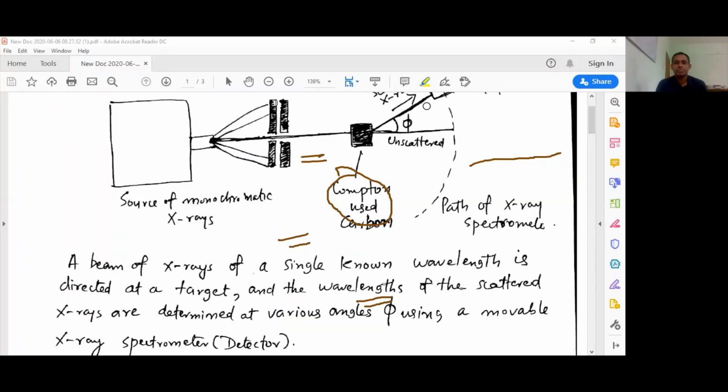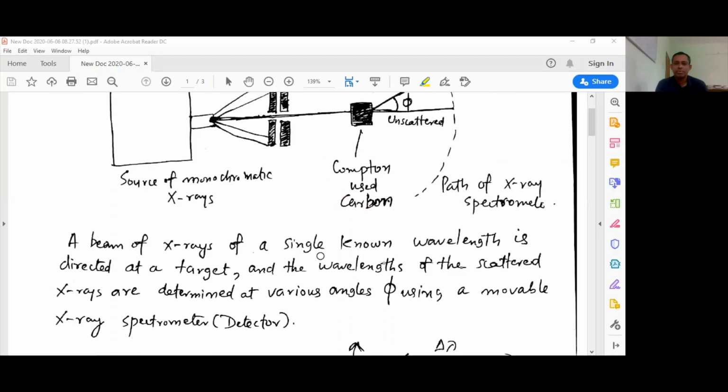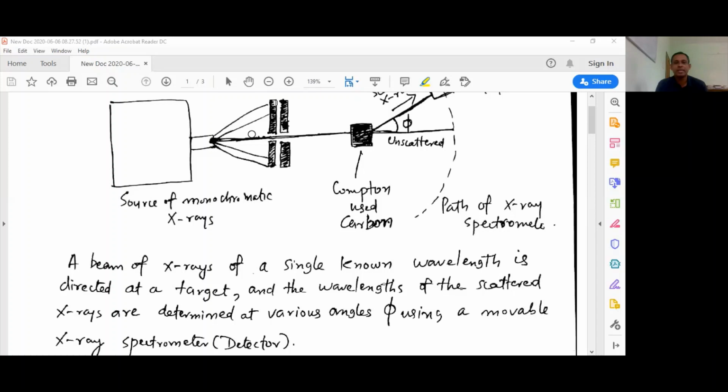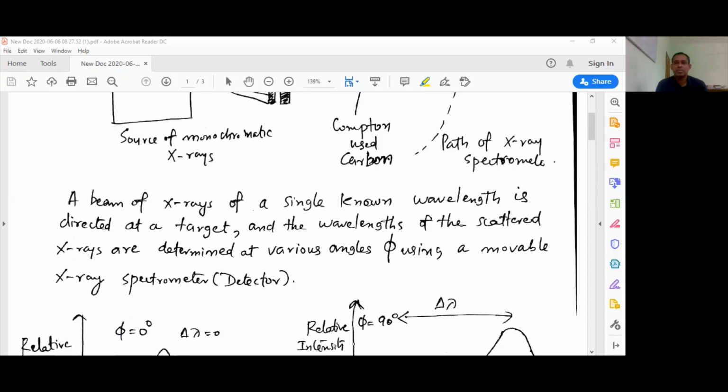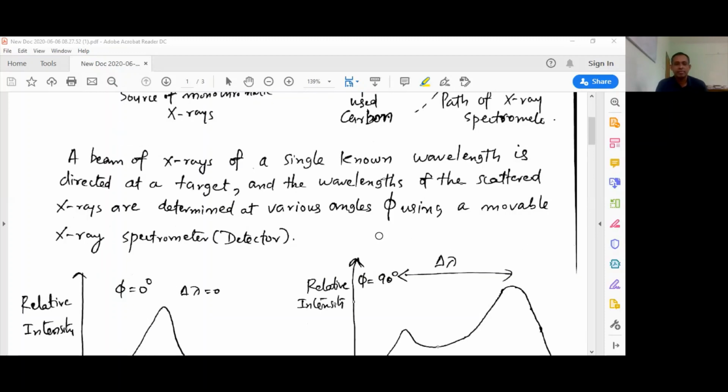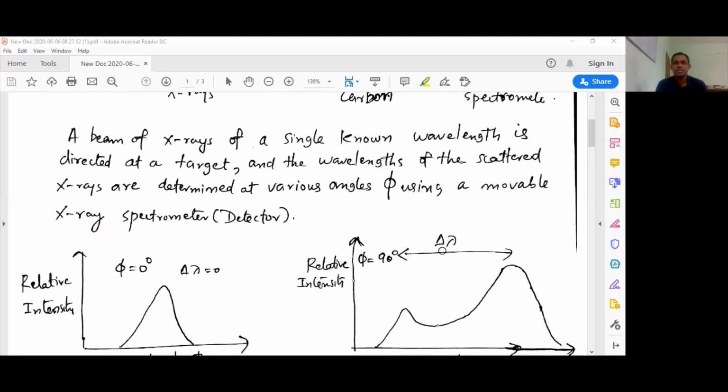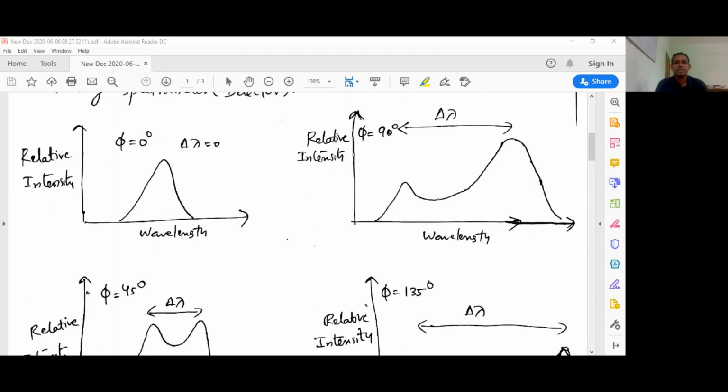The beam of X-rays is monochromatic, so we know the wavelength of the X-ray photon, and the wavelength of the scattered photon is determined using the X-ray spectrometer. We record the intensity of the X-rays at different wavelengths at different scattering angles.